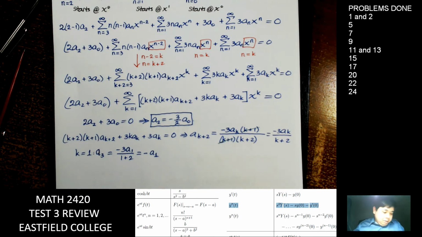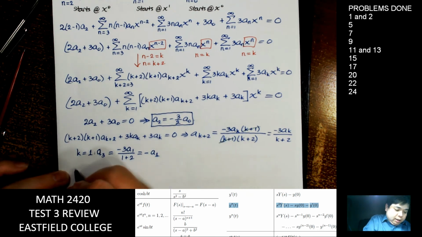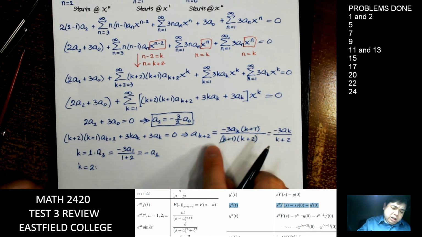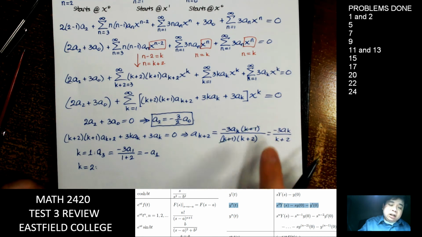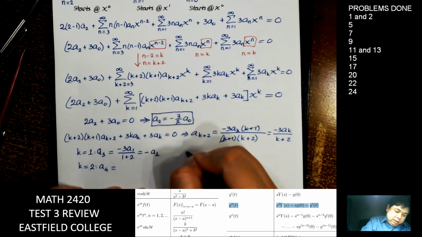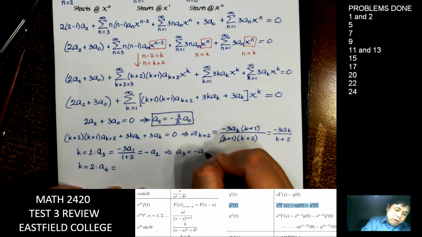Look right. Now go to k equal to 2, put 2 in here and here. I just put this, so a3 is negative a1.